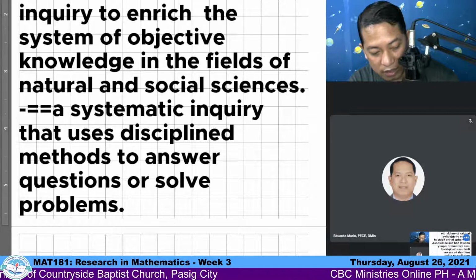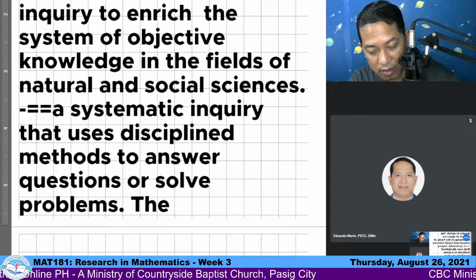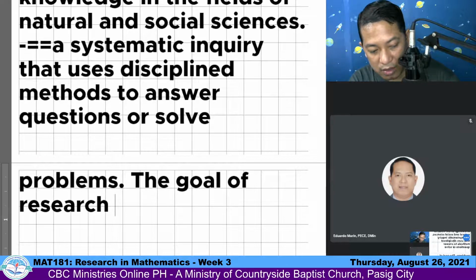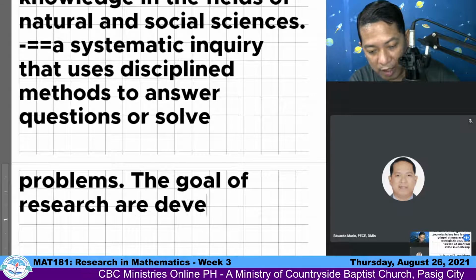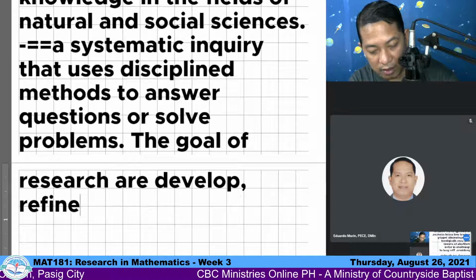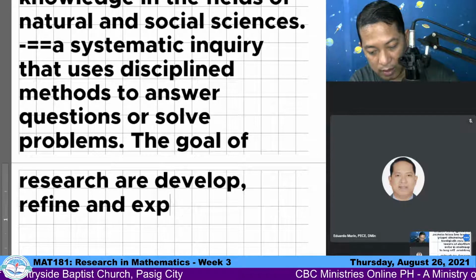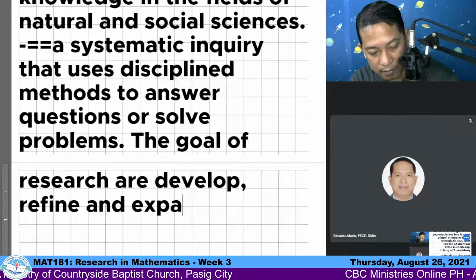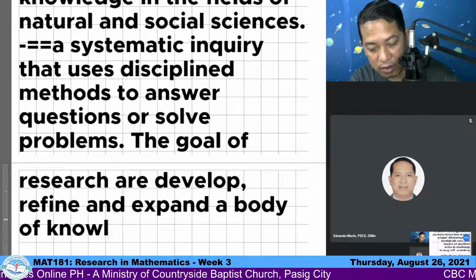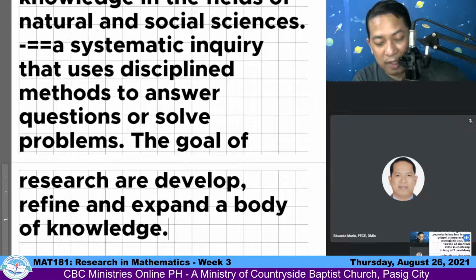Another thing is that the goal of research is to develop, refine, and expand a body of knowledge. So in research, we are contributing to that body of knowledge.